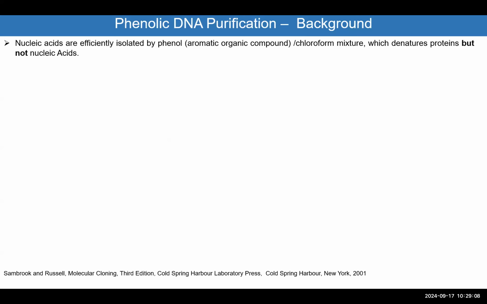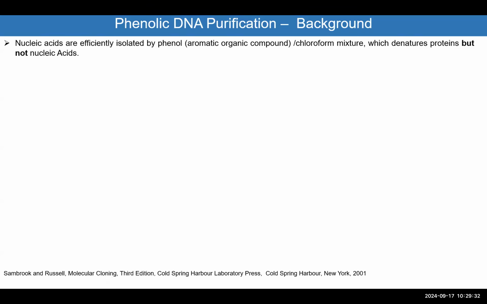And the one that people have been using for a long time is the phenol chloroform mixture, where phenol is known to be an aromatic organic compound. When mixed with chloroform, it makes a solution which specifically denatures proteins. However, the nucleic acids are still intact.